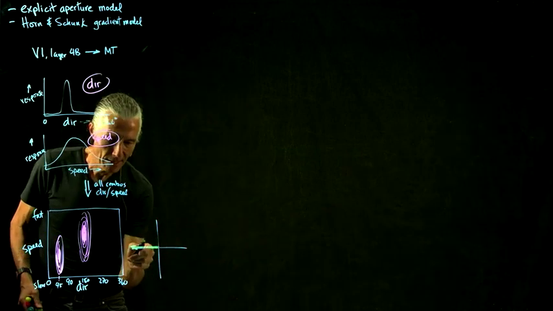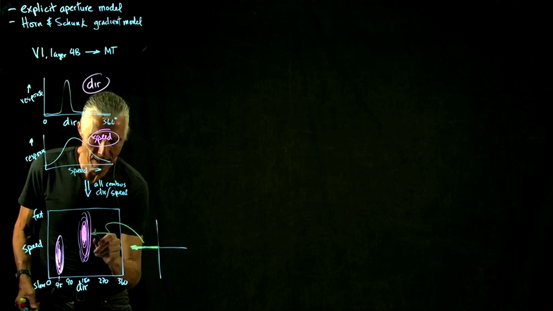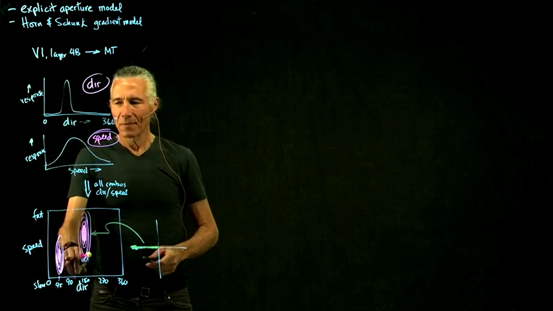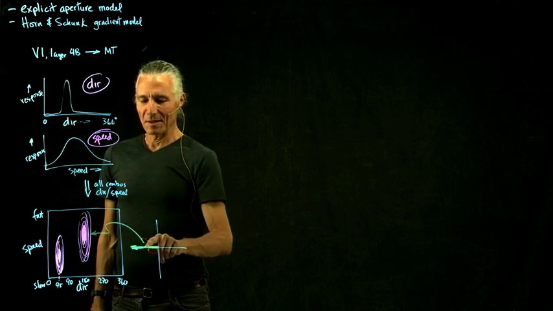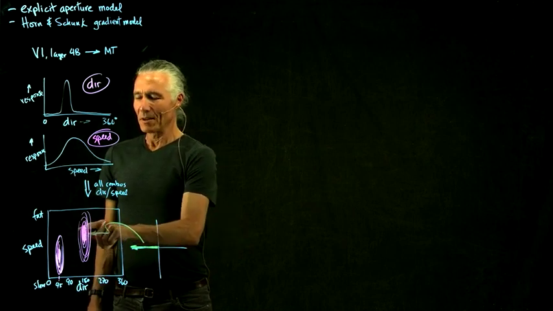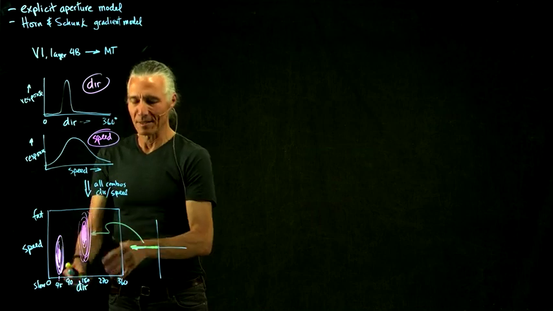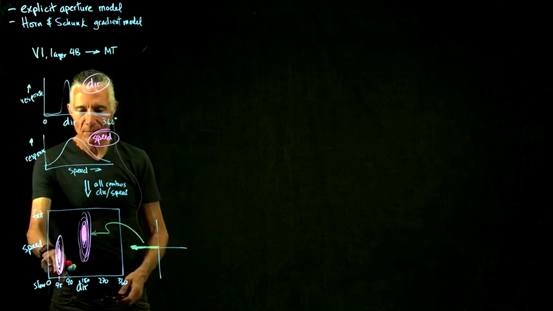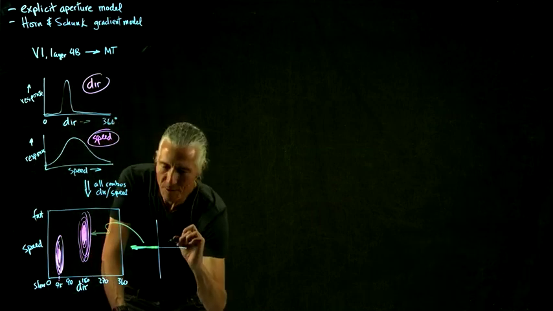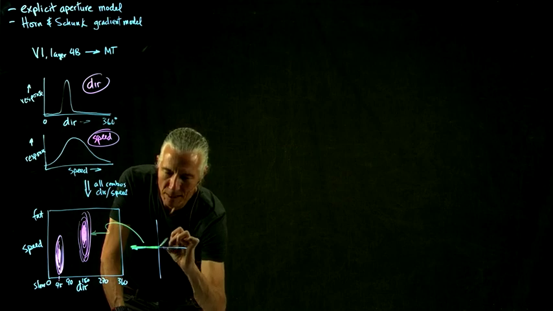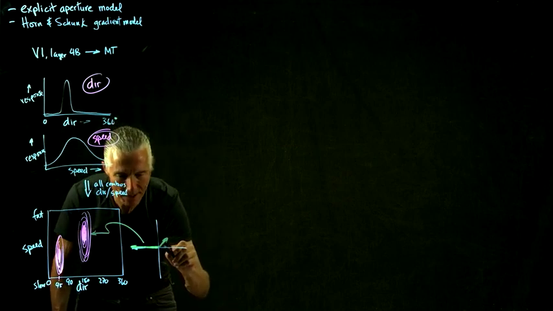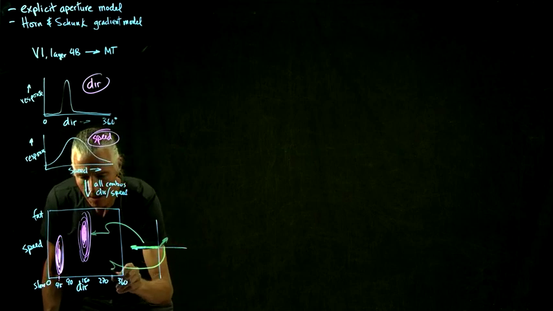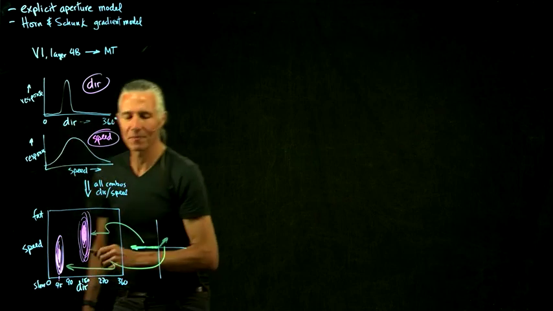So that's this guy, and that's what I was drawing as arrows. That was an abbreviation for the response to a whole bunch of different directions and speeds. And what is this guy at 45 degrees? That guy would be at 45 degrees but with smaller speed. So that's an arrow like that. So this guy is that one.